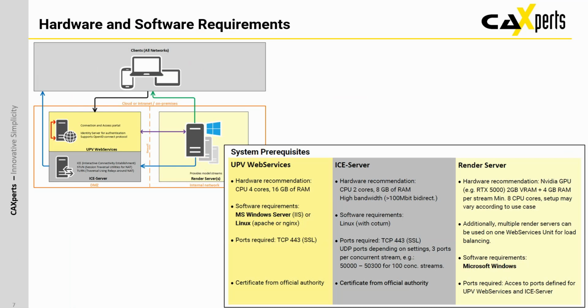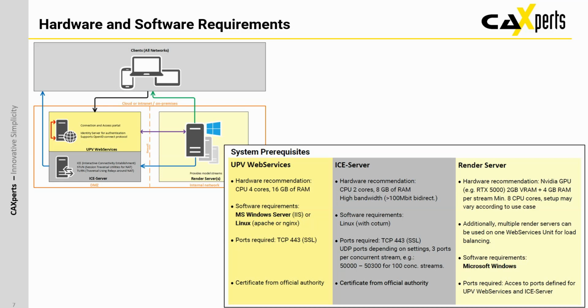The old Internet Explorer does not work because it doesn't support newer protocols used. So the UPV web services can be a simple machine running either IIS on Windows Server or Apache or Nginx on Linux with, for example, 4 cores, 16 gigs of RAM, so nothing special here.